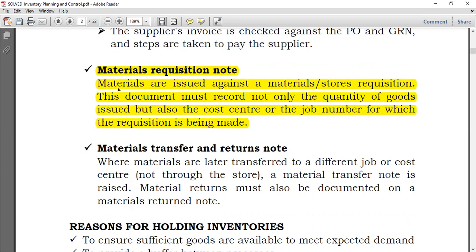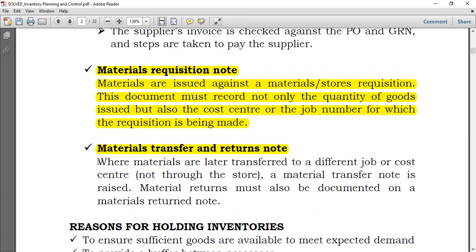And lastly, we'll have the material transfer and returns note. What about the material transfer and returns note? You may have taken goods somewhere and the goods may be returned. Maybe you've taken the goods to a certain job, but now they are not required, or it was wrong, so they're just returned.